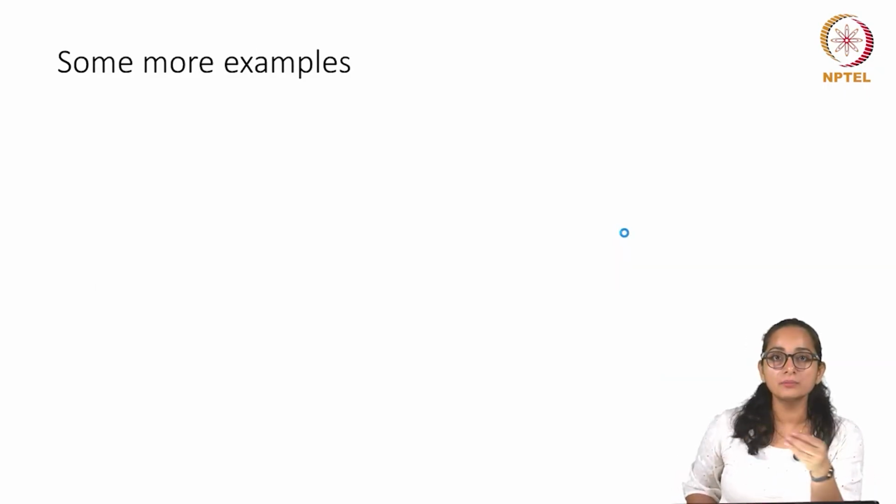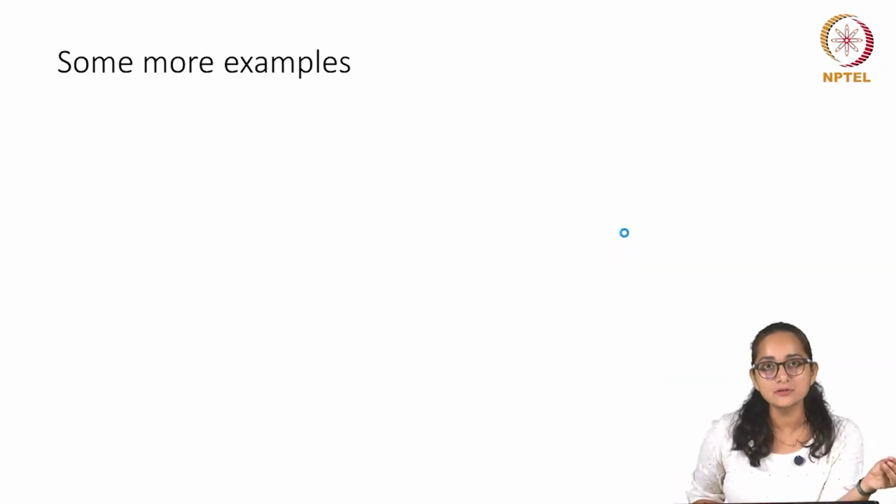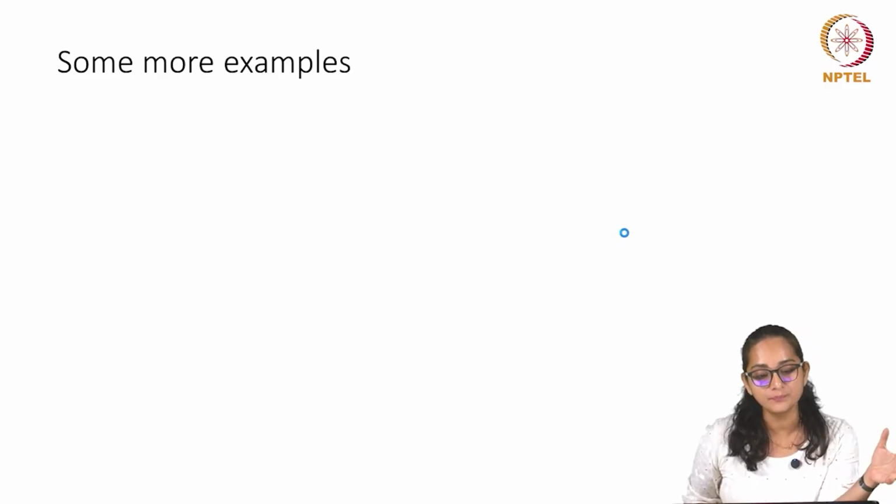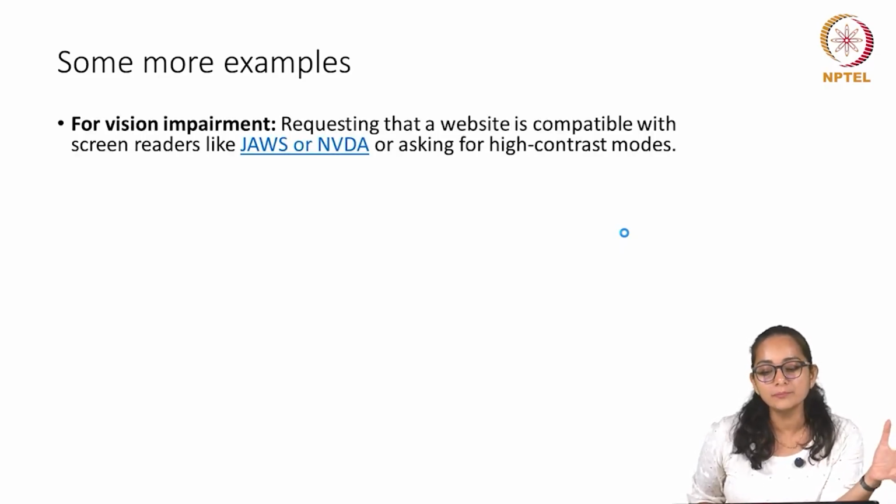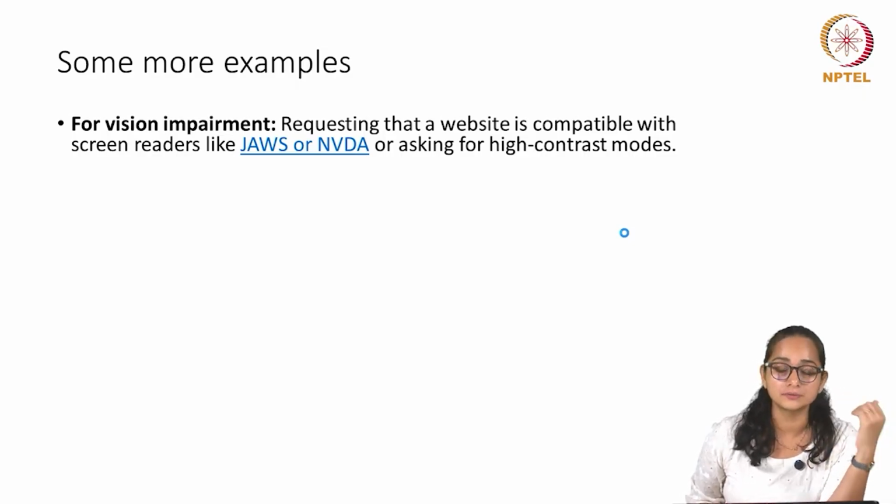So let us talk about some more examples of accommodations in digital accessibility. So for vision impairment, requesting that a website is compatible with screen readers like JAWS or NVDA, or asking for high contrast modes.